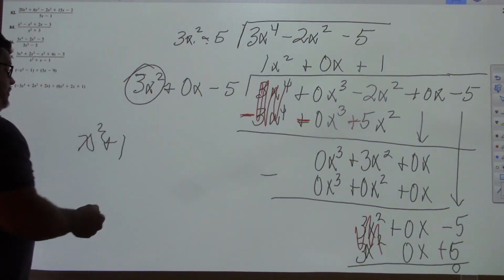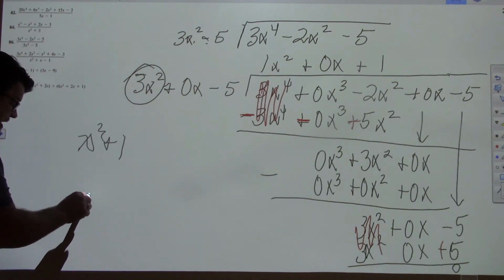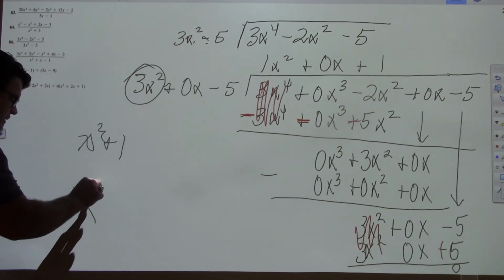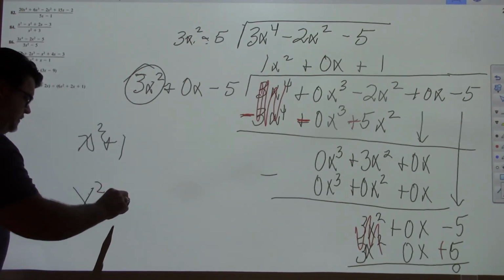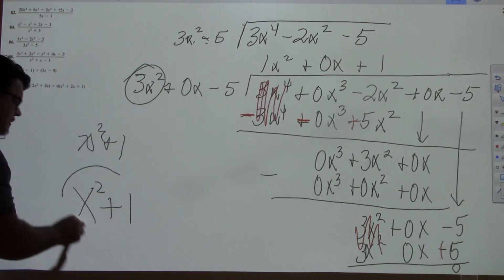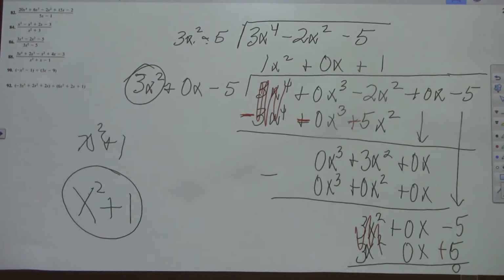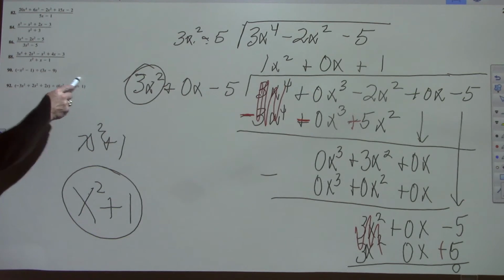Now let me rewrite it to where you can understand it. There. I have to write like I'm in 2nd grade to get this thing to work. All right, you try number 92.